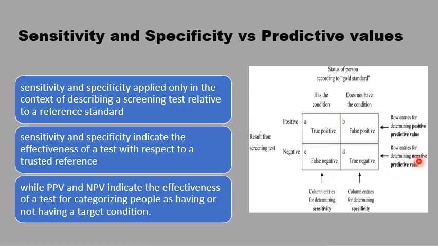The same applies if you have a negative test from the screening test, how likely you are actually truly negative and not a false negative. So looking into the horizontal axis would give you the predictive value and the likelihood ratios, and would give more clinically relevant information. Whereas looking into the vertical axis would tell you about the effectiveness of this test, how close it is to the gold standard.